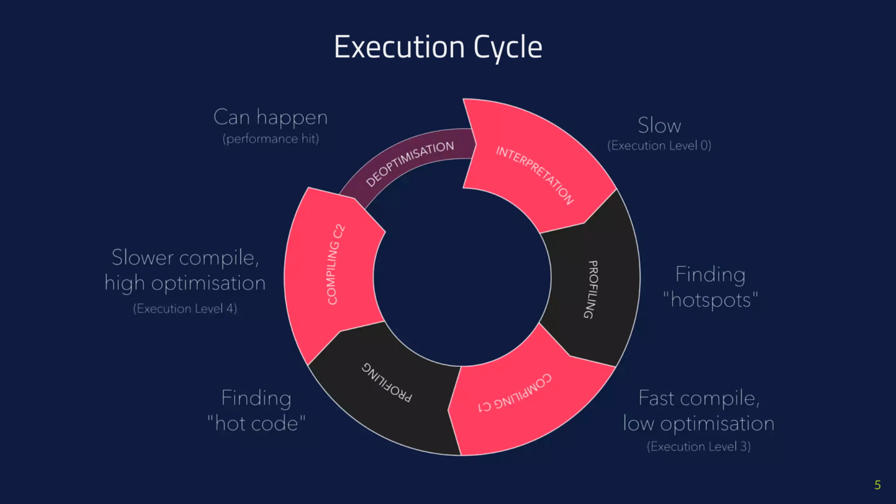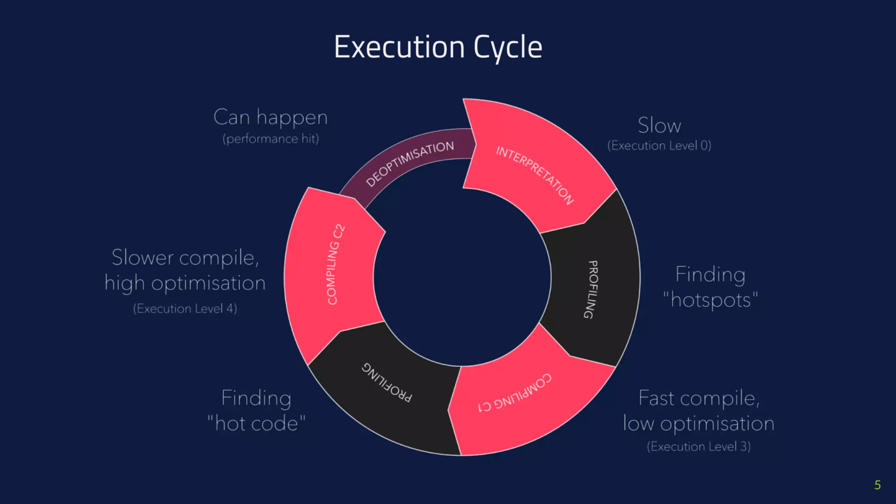So we start with the interpretation at level 1, which can be slow. It's not that fast. The profiler then analyzes code and monitors for hotspots. Once a certain threshold for the number of times a method is called and executed is reached, it's passed on to the C1 JIT compiler, which is very fast, but does not perform a lot of optimization. So it's quite simple optimizations at a basic level, on level 3.